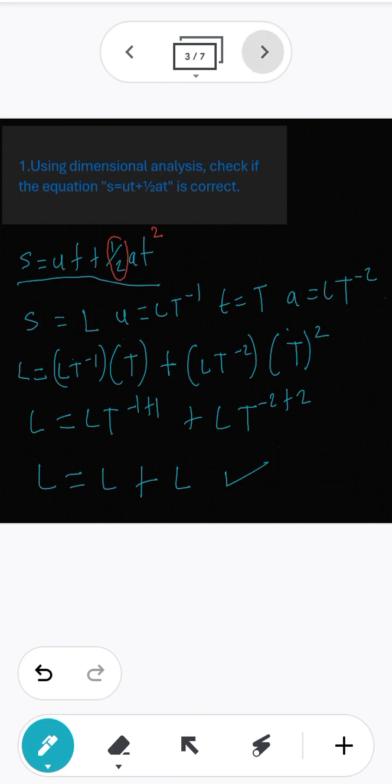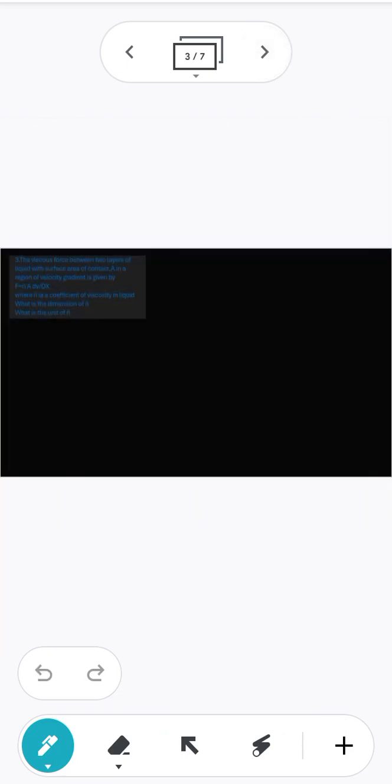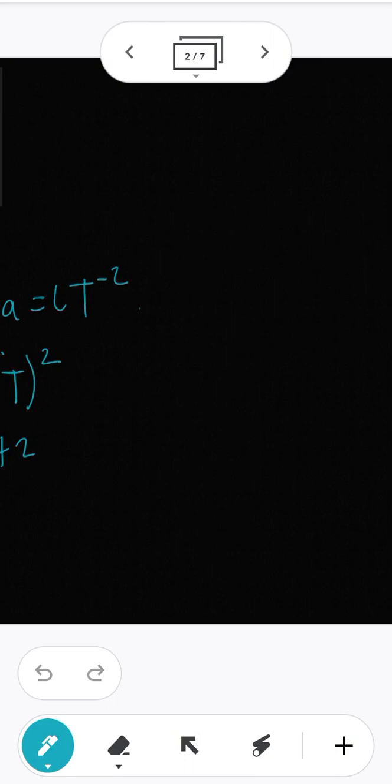So the second example we're going to try to tackle. I have a second question, number 2.